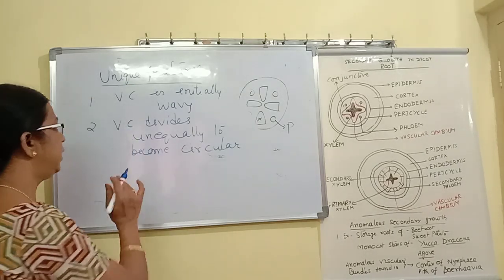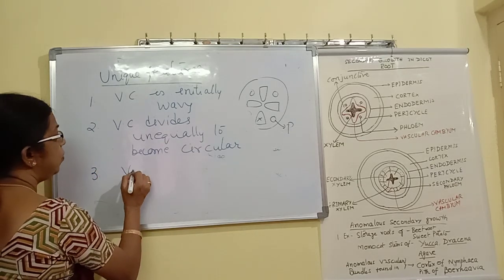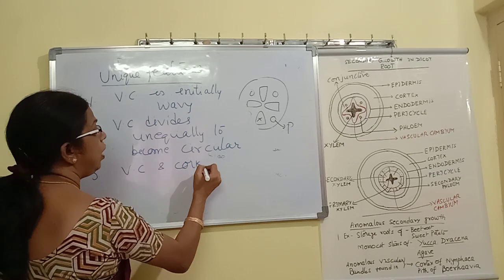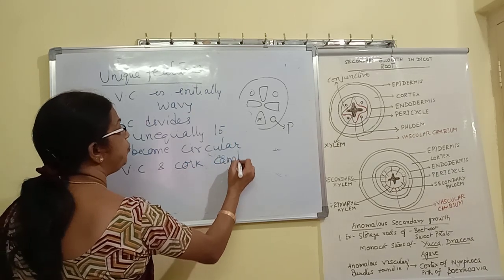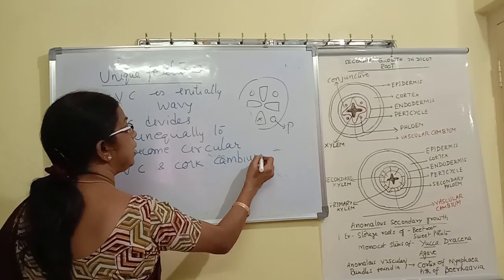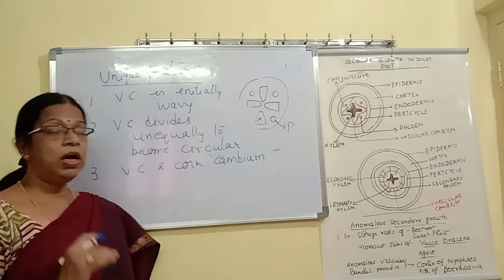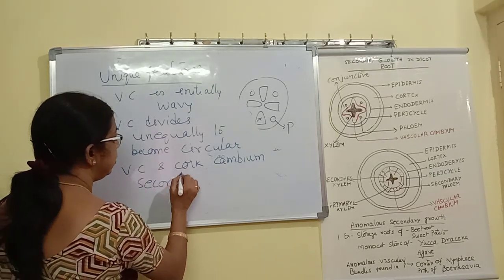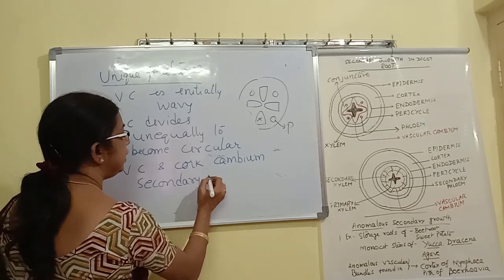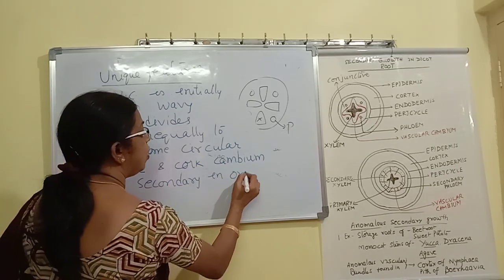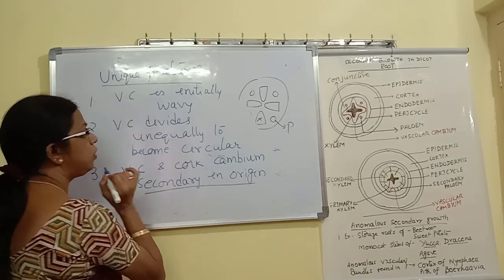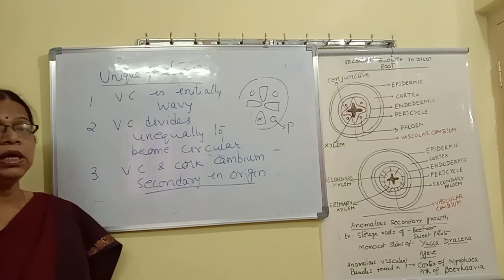Then third feature is that both vascular cambium and cork cambium are secondary in origin. Vascular cambium and cork cambium both are secondary in origin.